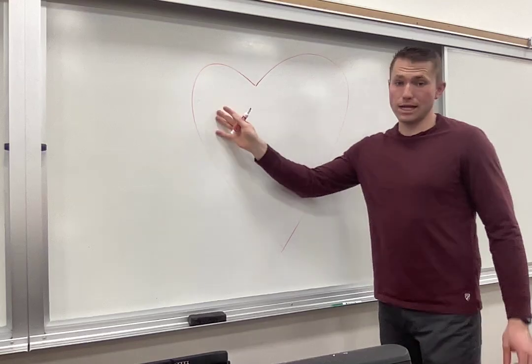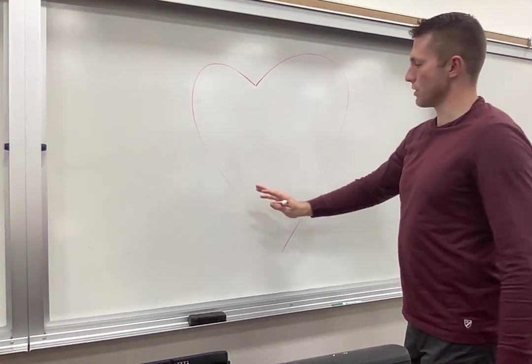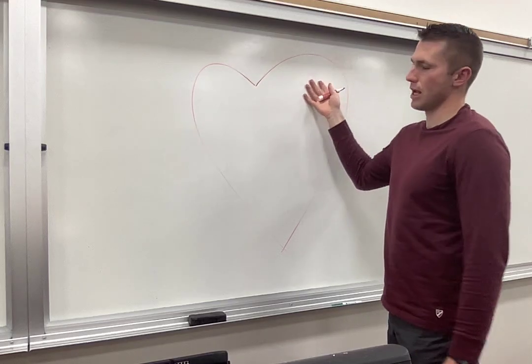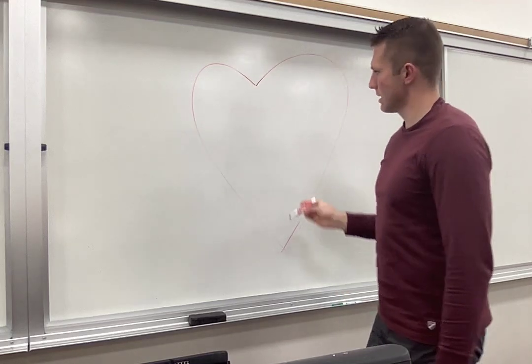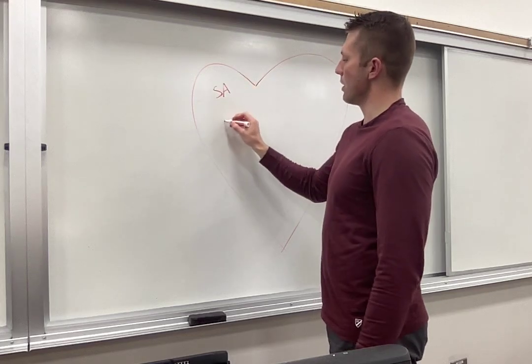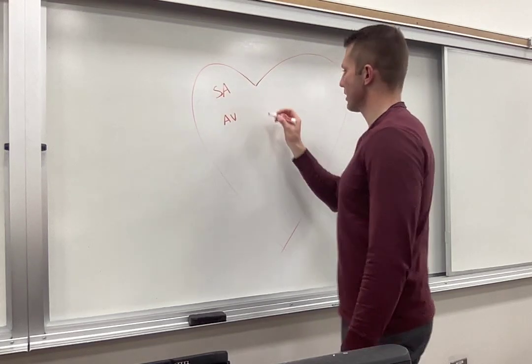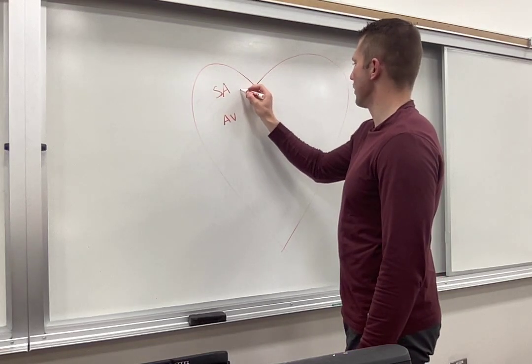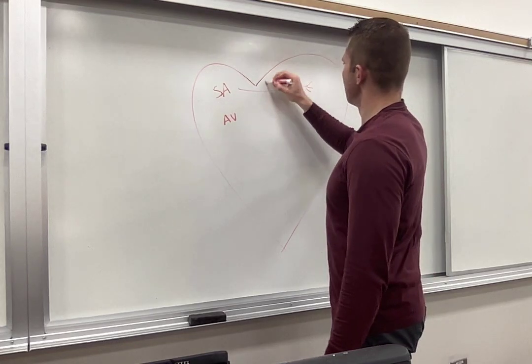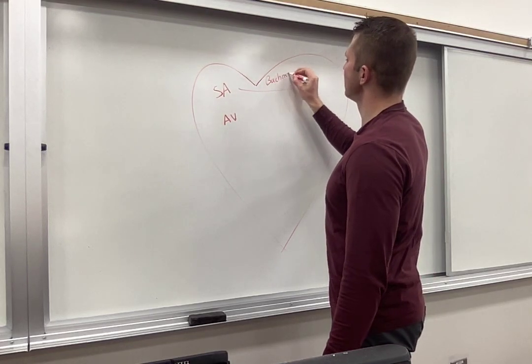Here's our right atria, here's our right ventricle, left atria. And we've got our SA node right there, our AV node right there, and Bachmann's bundle.